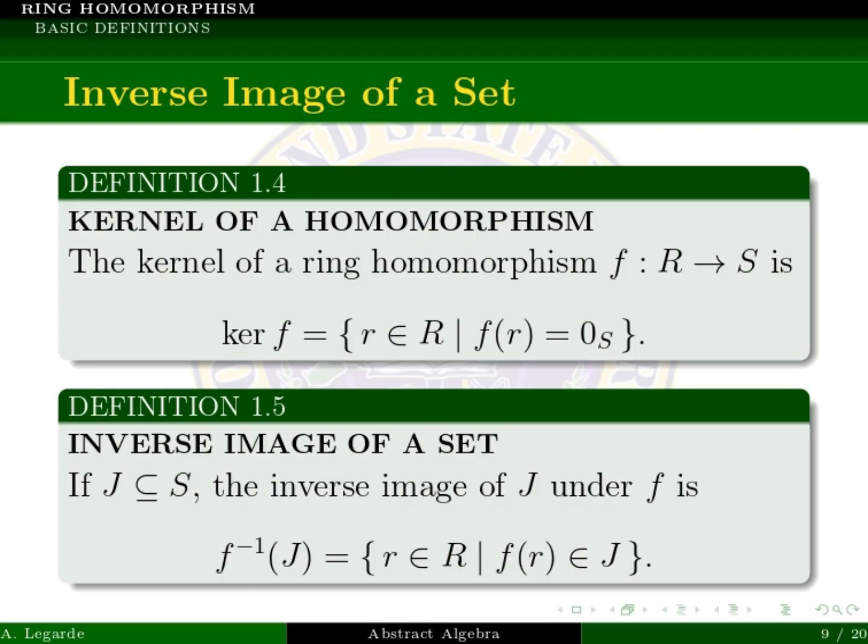Next, the inverse image or pre-image of a subset J of S is defined as F inverse of J equals the set of all elements r in R such that F(r) belongs to J. In other words, it consists of all elements in R whose images belong to J.